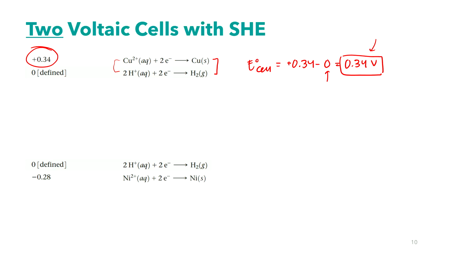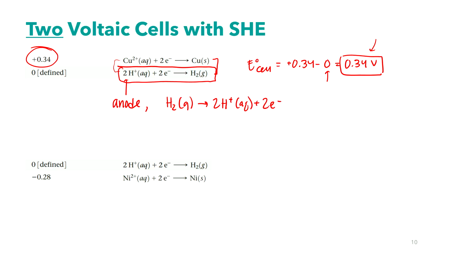In this voltaic cell, this is not the reaction that's happening in my standard hydrogen electrode. It's the oxidation. At this point, this, by definition, must be my anode. So really what's happening there is H2 gas is being converted into 2H+ plus 2 electrons.